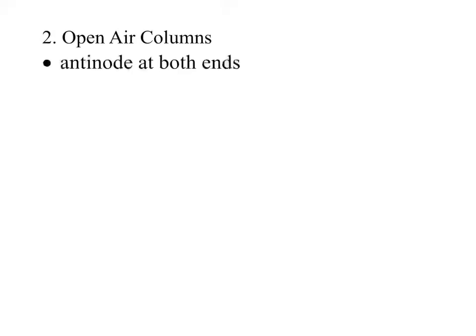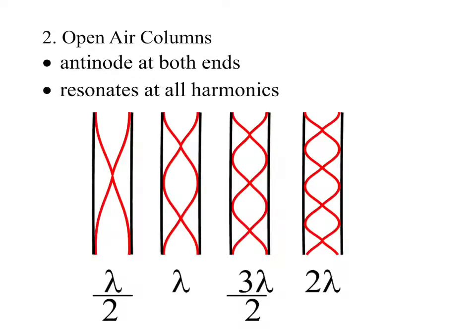Now, I'm going to go on to open air columns and what those guys look like. So this is when, of course, we know that what needs to be at the end of an open part of the air column. An antinode, we need to have this where we have an open wave at both ends. So if we have an open air column, therefore we need antinodes at both ends.